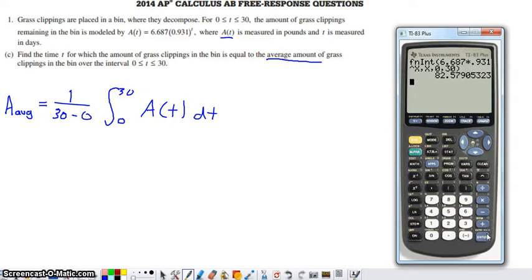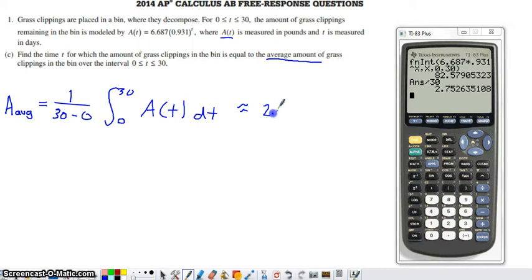So this is not the average number of pounds of grass clippings in the bin over the time interval from 0 to 30. We need to multiply by 1 over 30, or divide that by 30, in order to turn that into an average. So we divide that by 30, and what we end up with is 2.752635108.